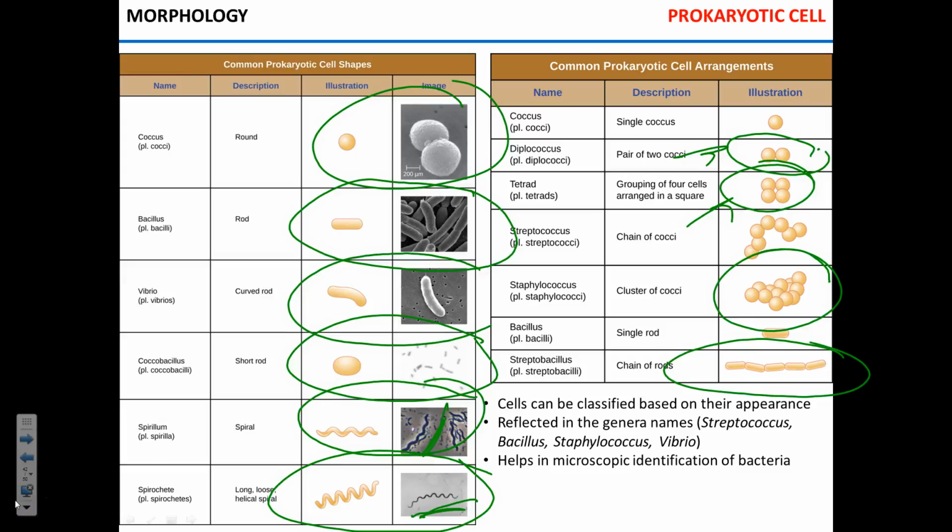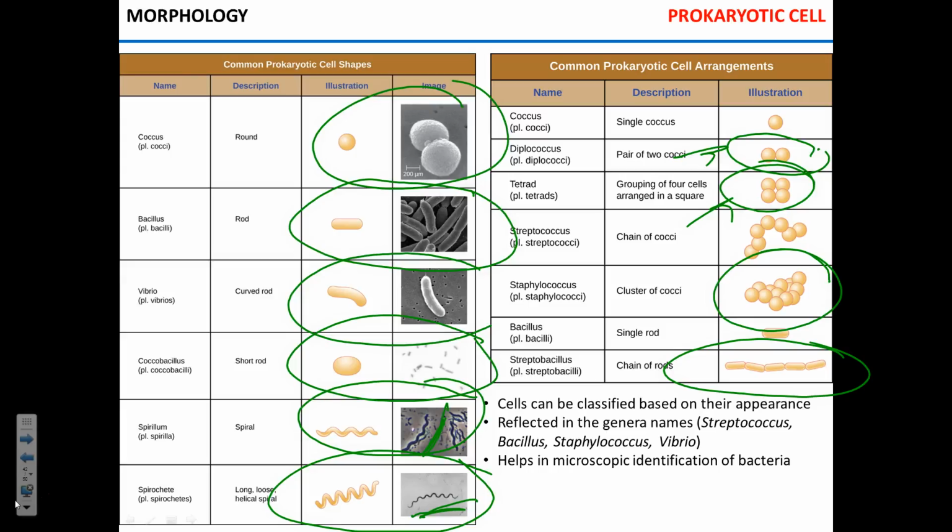Chains are called streptobacillus. The bacillus that we saw is probably Bacillus cereus. Anyone sampled the big one? Yes, so Bacillus cereus was organized in chains. You could have seen chains of individual cells.